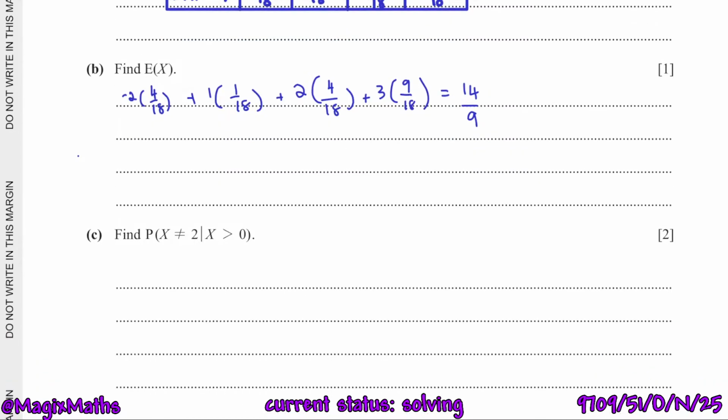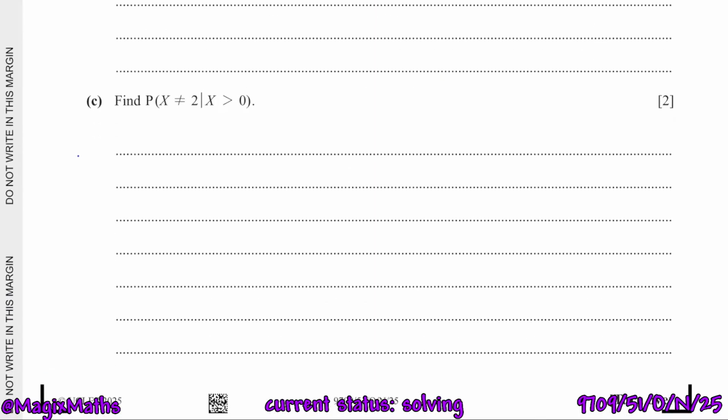Next we have: find the probability of X is not equal to 2 given that X is greater than 2, which means it's the probability of X equals 1, 2, and 3, and the probability of X equals -2, 1, and 3.